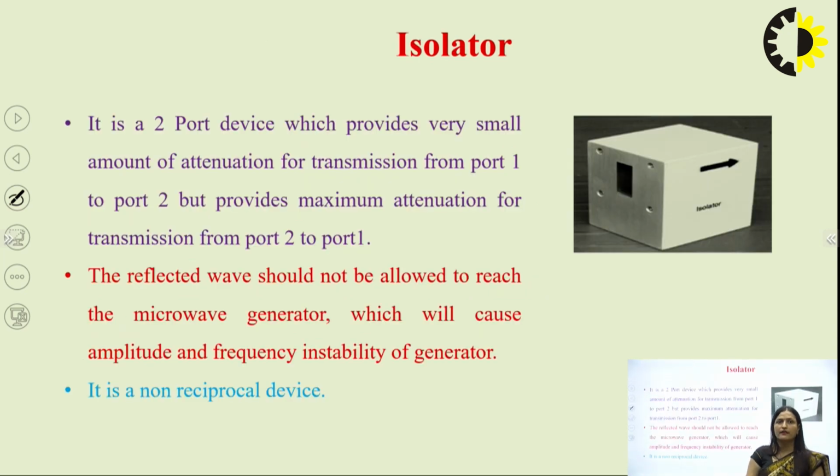So the first ferrite device is the isolator. See here, this is the diagram of your isolator. We can say this is the picture of the isolator which is used in microwave devices, microwave circuits. One arrow defines the direction of propagation.